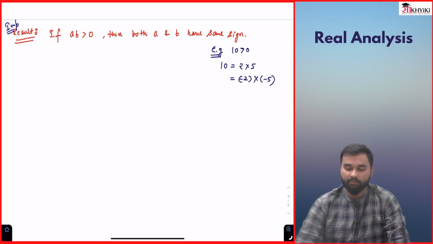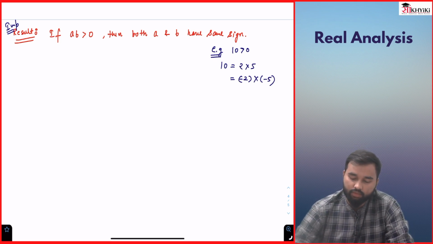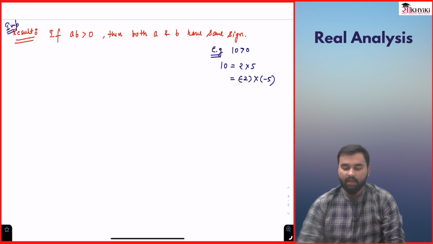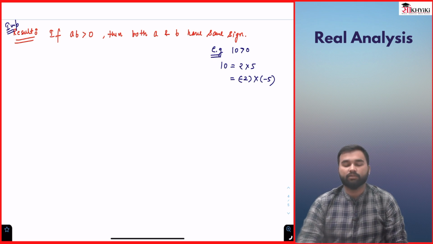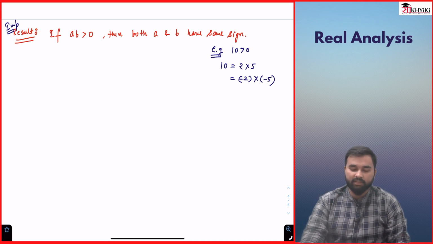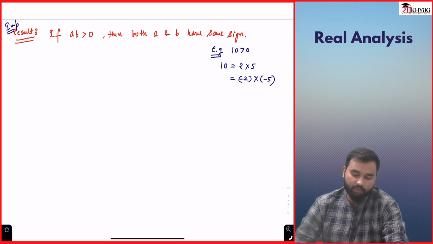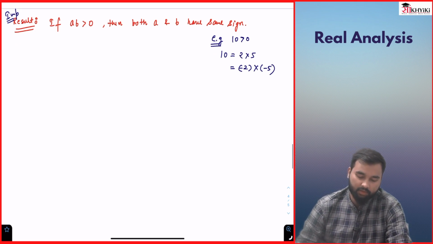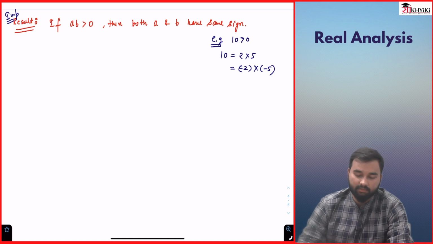Right. In the first case 2 and 5 are both positive, and in the second case minus 2 and minus 5 are both negative. So this is our result, which states if the product of two real numbers is positive, then both the real numbers have the same sign.